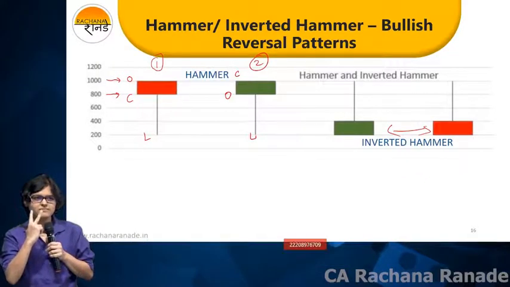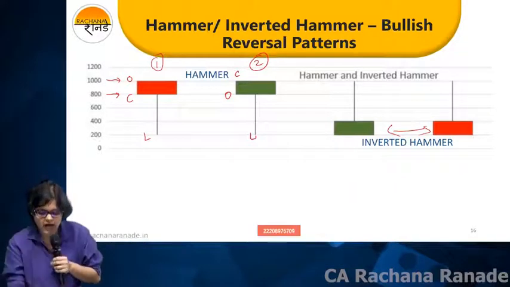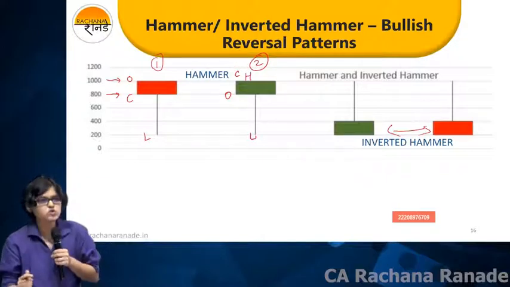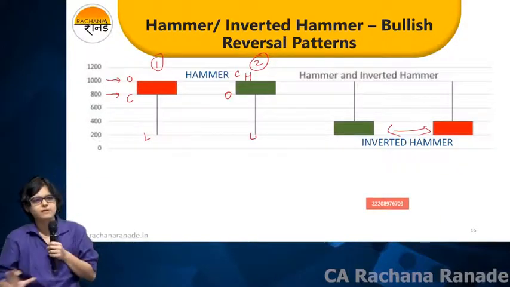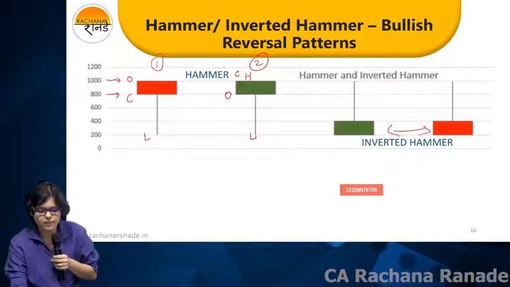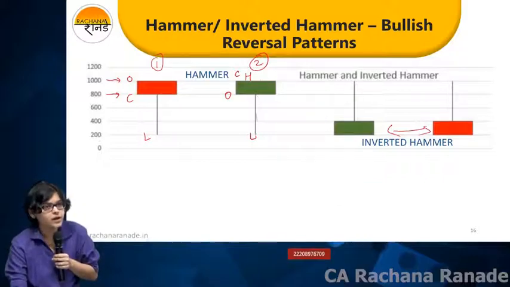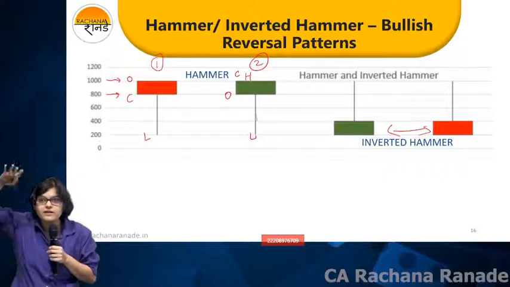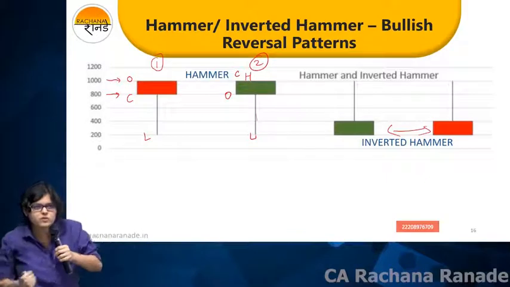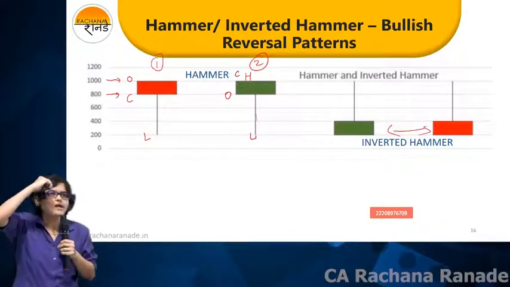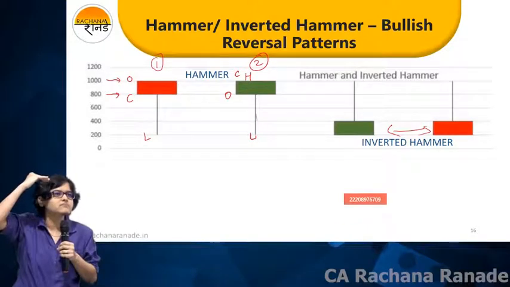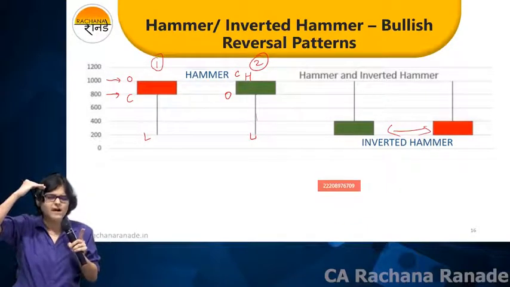Second. Why second? The high point and the close point is the same. It opened lower, maybe it went lower, it covered all the ground, it went up high, and it closed at that highest point. So can I say bulls were in full charge and it closed at that high? What happened in the first case?